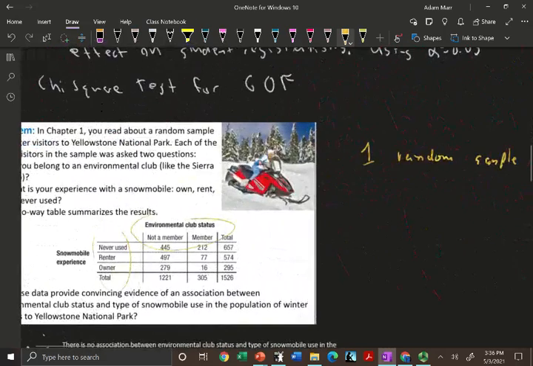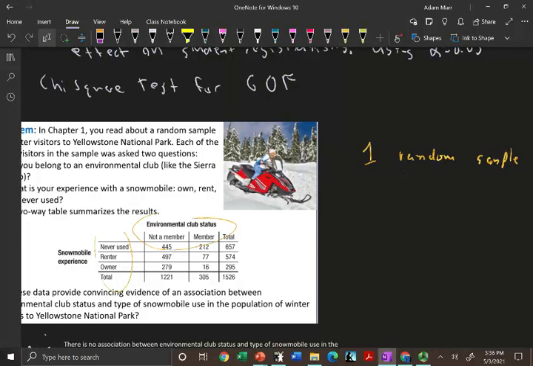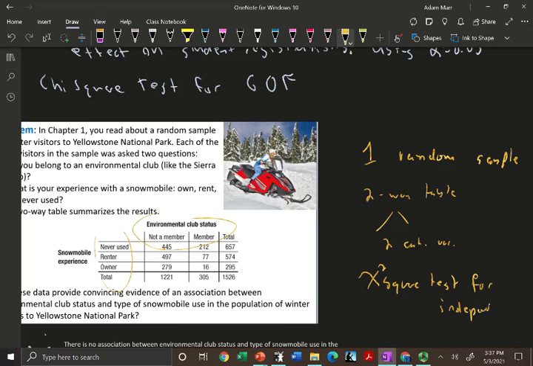So we're comparing the environmental club status and snowmobile experience. But real quick, since it's a two-way table comparing 2 categorical variables, you know that this is going to be a chi-square test. You can use the symbol, by the way, if you want to. It's up to you. For independence. All right, that's it right there.